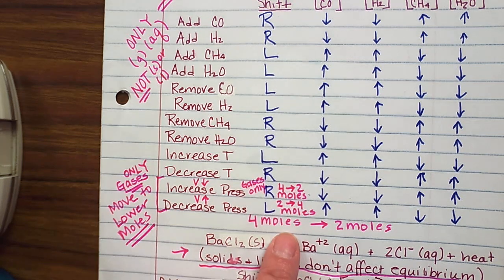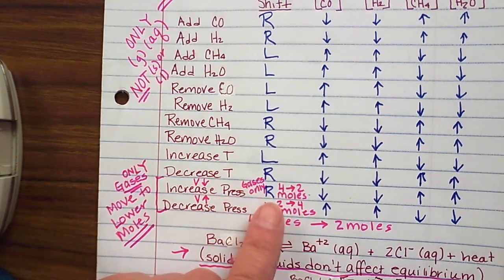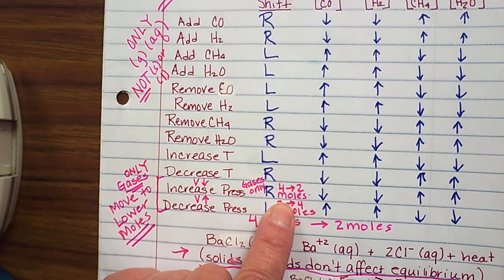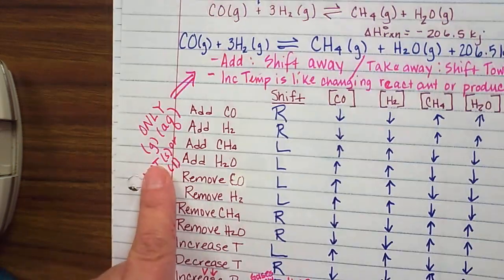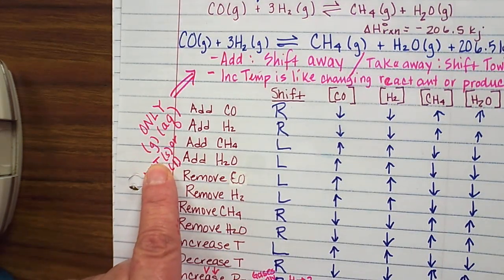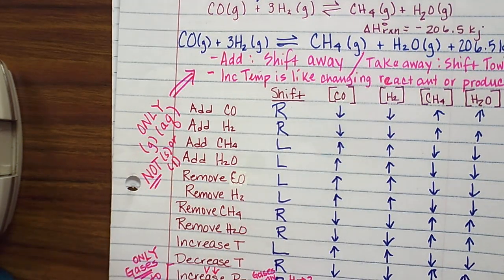And if you increase the pressure, there's a decrease in the total number of moles. Look at your coefficients. And only gases and aqueous have any effect on this. So if you change the solids or liquids, no effect will take place. All right?